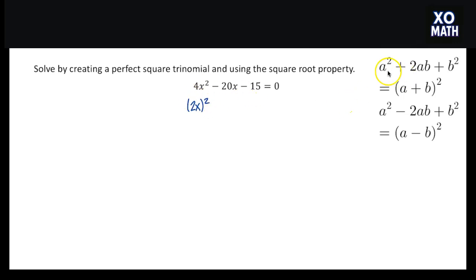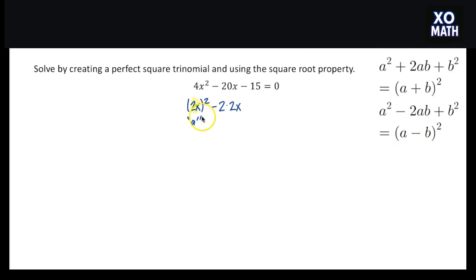So this formula says that what we need is a squared, I'm going to look at the bottom one, minus 2ab plus b squared. So right now my a value is 2x. That is my value of a. So this middle term has to be negative 2 times a times some b value. So what I have in negative 20x is I have negative 2, and then times a.